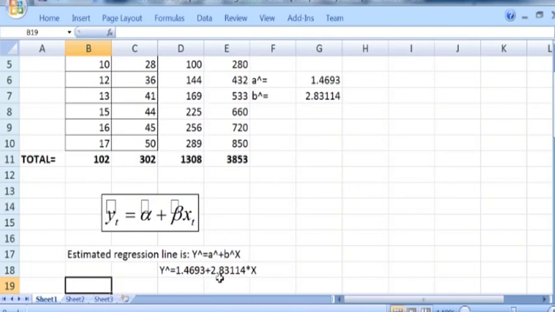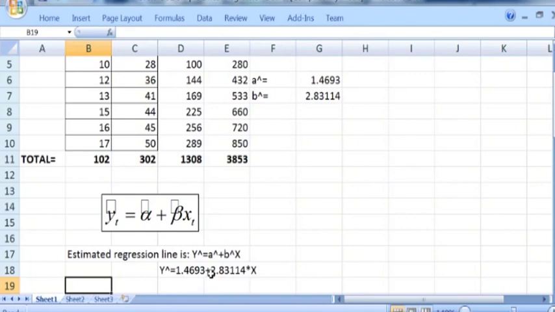Similarly, the interpretation of this slope, which is 2.83114, the calculated value of slope or beta hat, is that when x increases by 1 unit, then y increases by 2.83114 units. So an increase of 1 unit in x leads to an increase due to this plus sign.